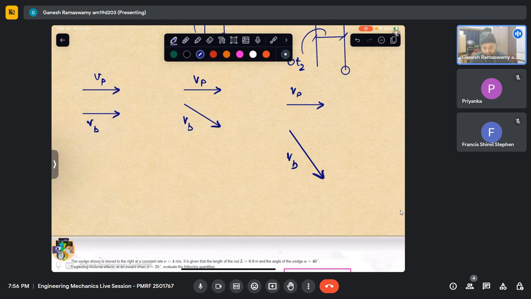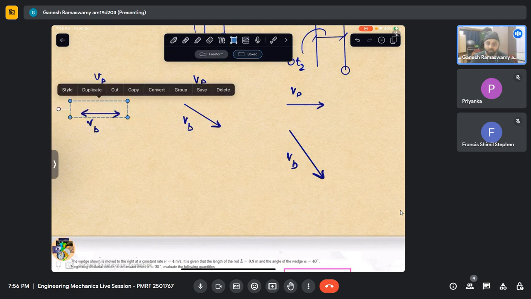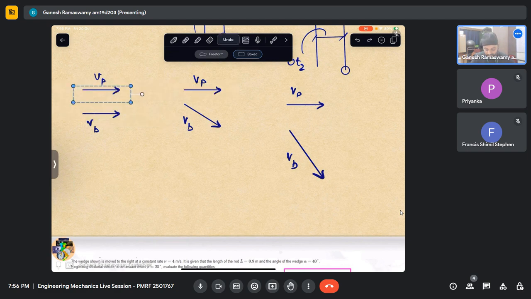In this case, if I connect these two like that, it ends up at 0. Since I am also moving at that speed, I won't be observing any relative velocity.